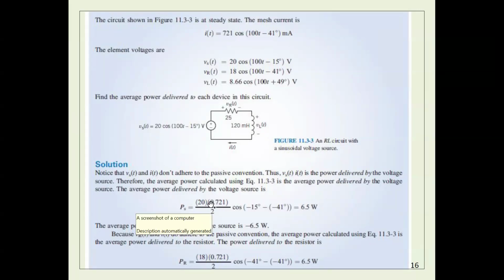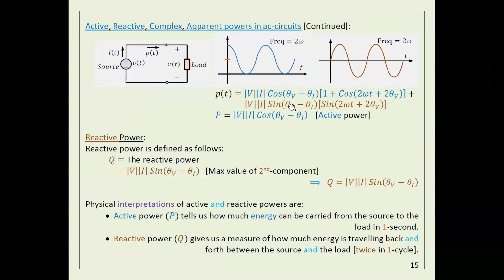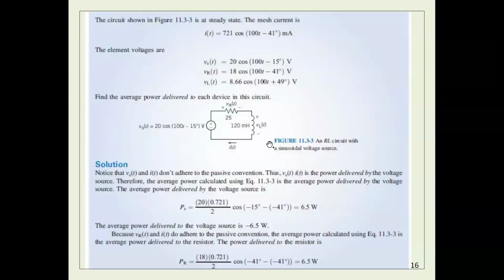This one is in milliamperes, that's why it's 0.721 divided by 2 times cosine. Now I need to find theta V minus theta I. Theta V is minus 15, and theta I is minus 41. So this is the average power generated by the source. Now, let's do the same thing for the resistance.